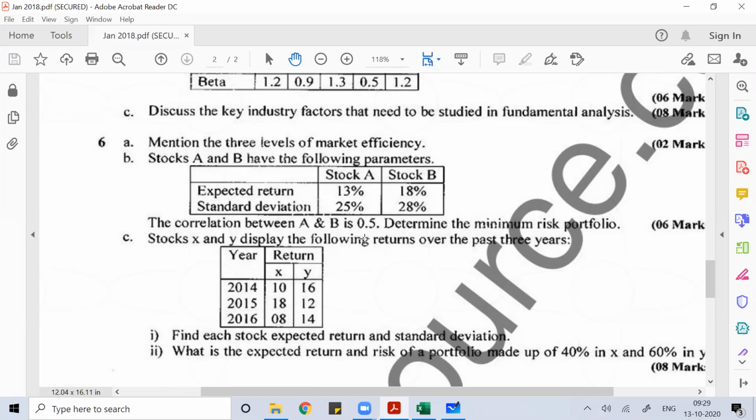As per the efficient market hypothesis, no matter what form of portfolio diversification you do, you can never beat the market. The return that the market gives you is the best return.